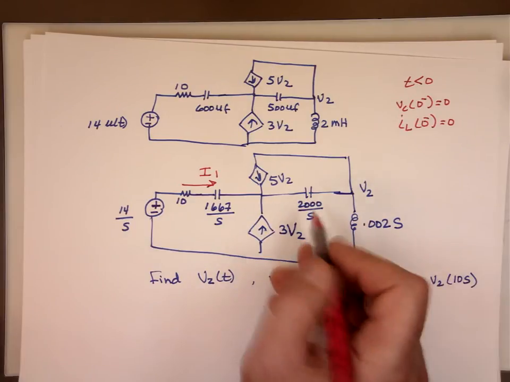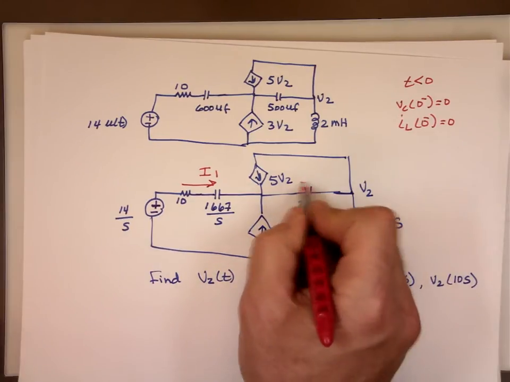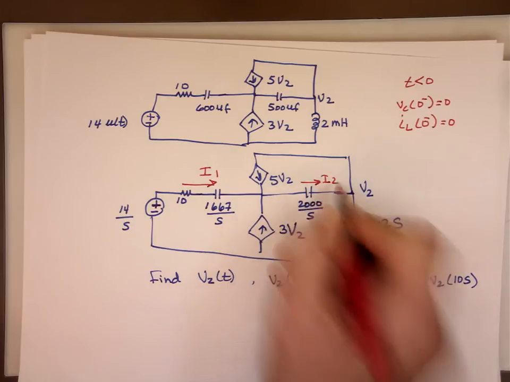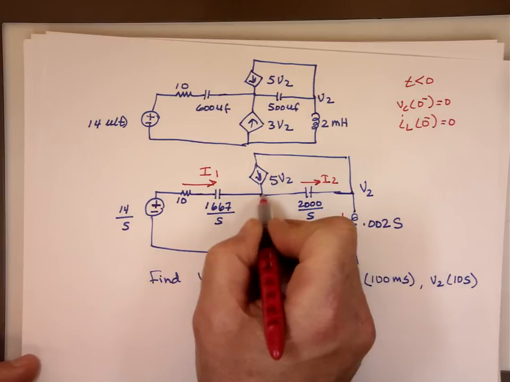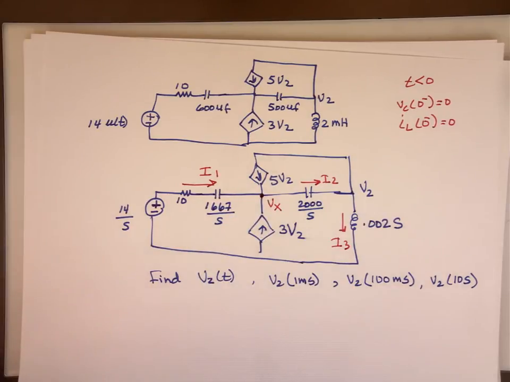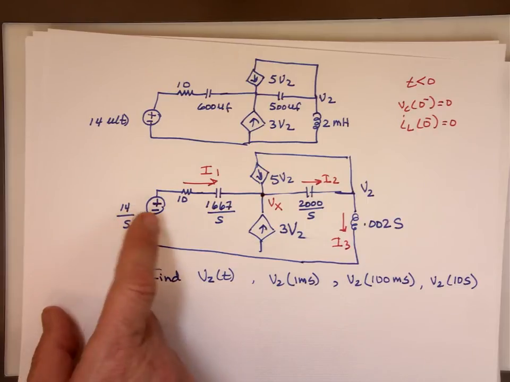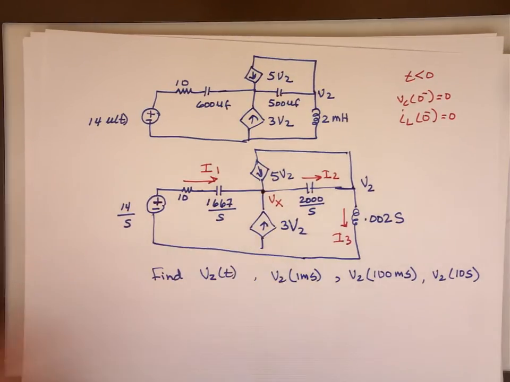Towards V2, okay. We'll call this Vx. We know this value, Vs is known, so there's only Vx and V2, two equations by two unknowns. Sounds straightforward till we start doing the math. We'll see how ugly it gets.